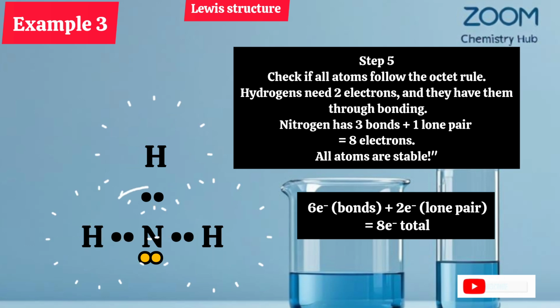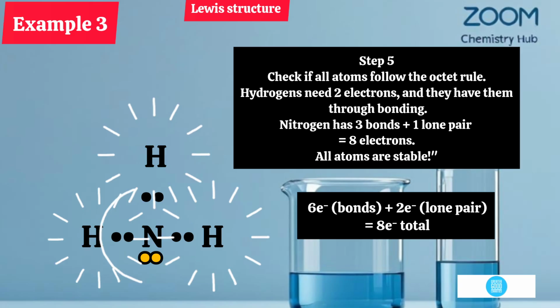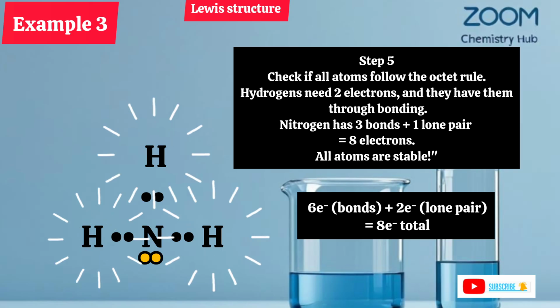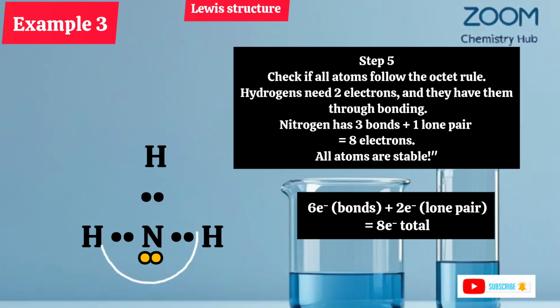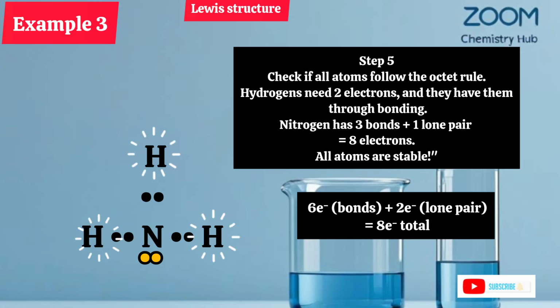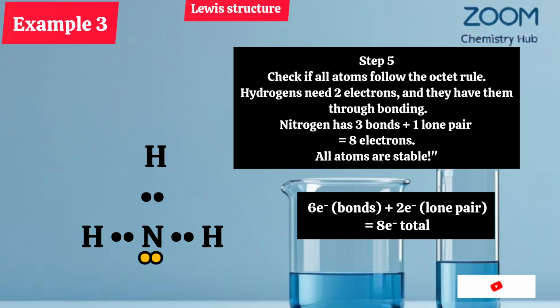So it completes its valence shell and follows the octet rule. So all the atoms are now stable by completing their outermost shell. And that's it. You have successfully drawn the Lewis structure of the molecule step by step.